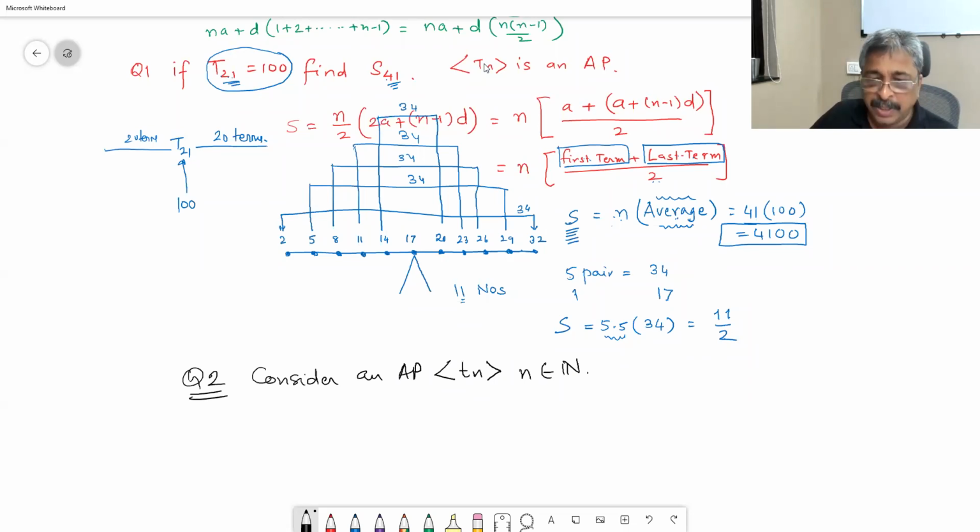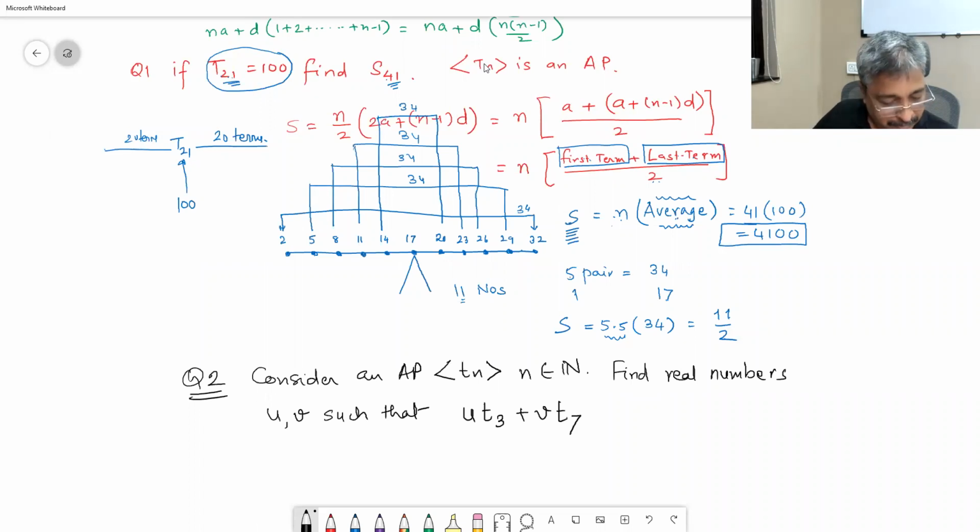Find real numbers U and V such that U T3 plus V T7 is equal to S100.